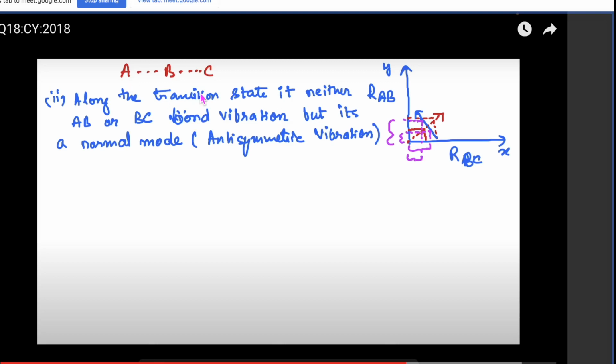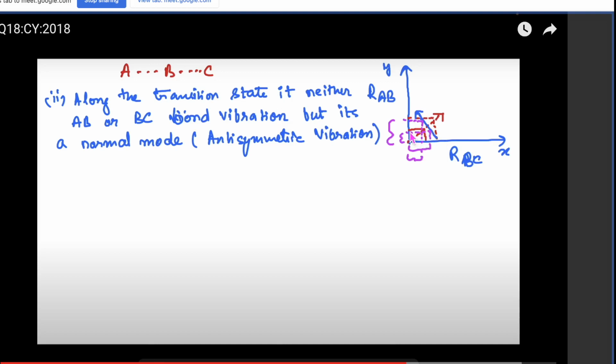You can have two kinds of vibration, symmetric and anti-symmetric, both are possible, but what will give me the product? Only the anti-symmetric vibration will give me the product. Why? Because the direction of my transition state along the reaction path was in the direction of this blue arrow, and you can see that this direction corresponds to the anti-symmetric stretch.